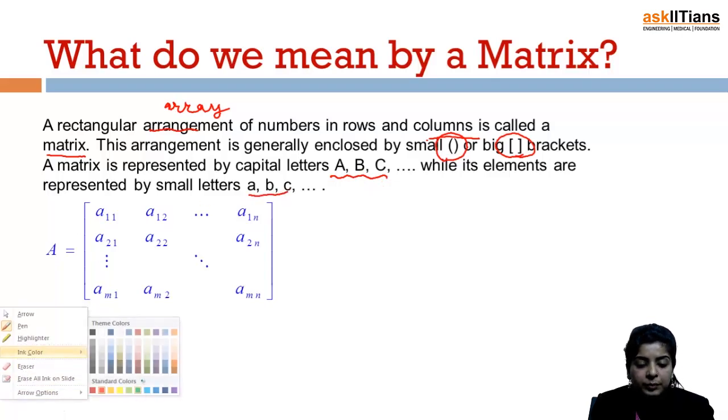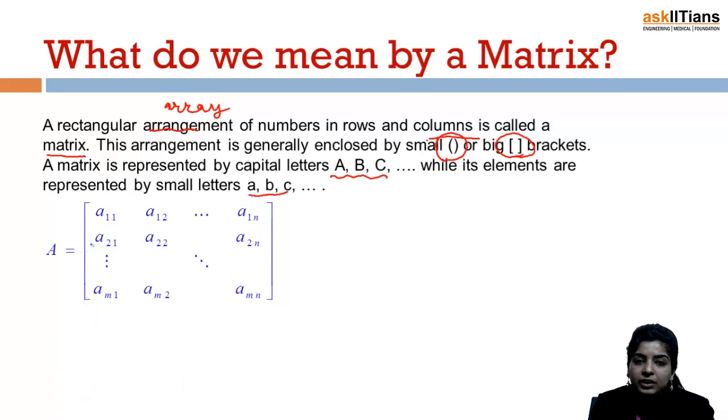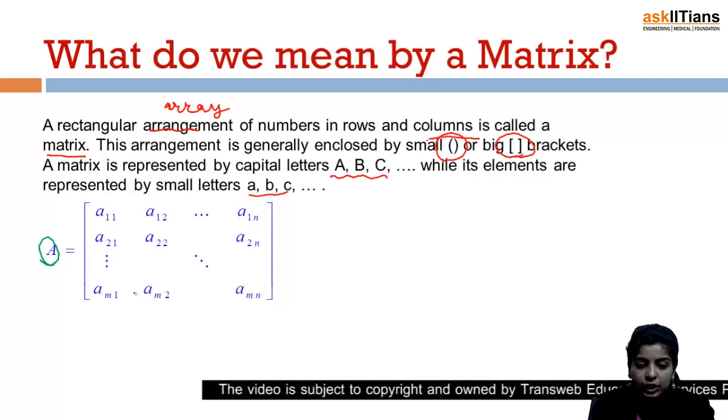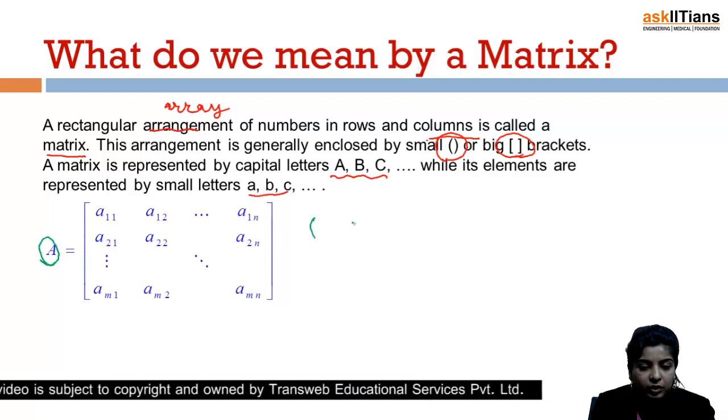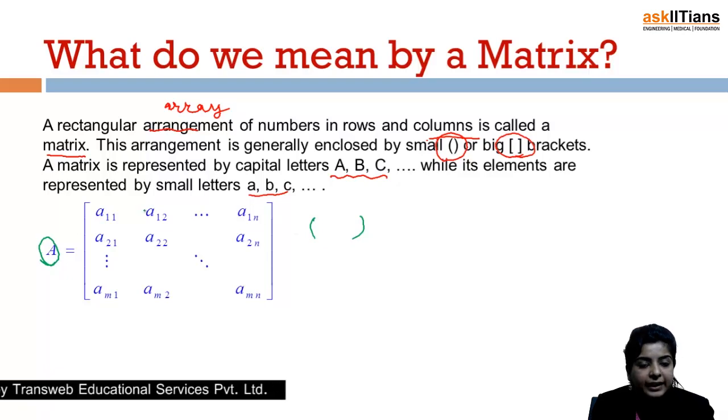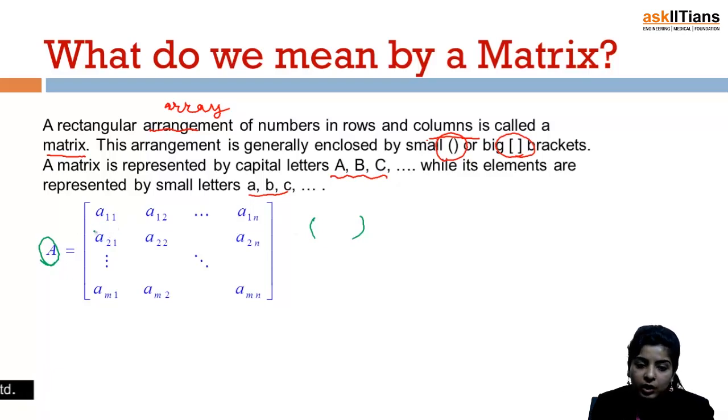So, what do we mean by a matrix? It is basically a rectangular arrangement of numbers in rows and columns, and this is how we denote a matrix by capital letter A equal to either this bracket or this form of bracket, and the elements are denoted by small letters.